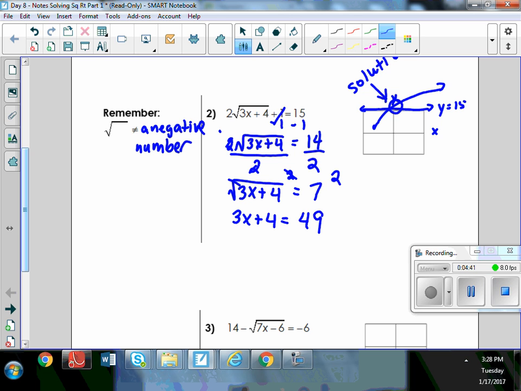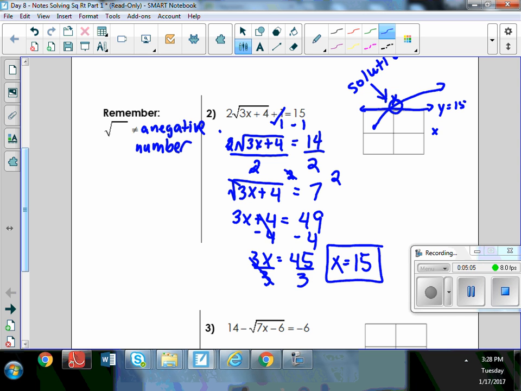So now I'm done with my square root symbol, and I'm just going to solve for x. So the first thing I'm going to do is subtract 4, and then I'm going to divide by 3, and x equals 15.